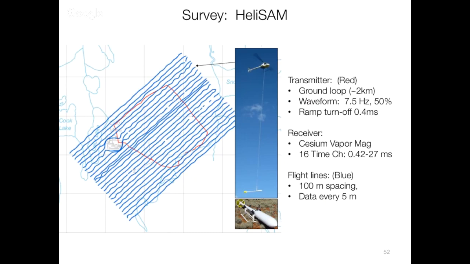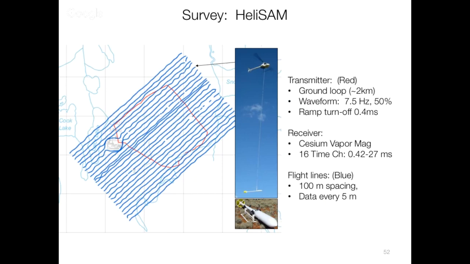So Helisam, the transmitter is actually a loop that has existed there for many years, and it's used by a whole bunch of experiments. There were some people talking about squid magnetometers. We've actually inverted 3-component squid magnetic data from this to try to find the sulfide deposits.